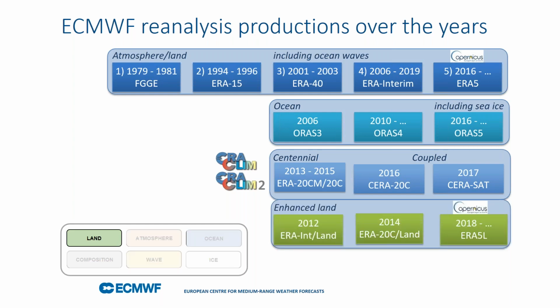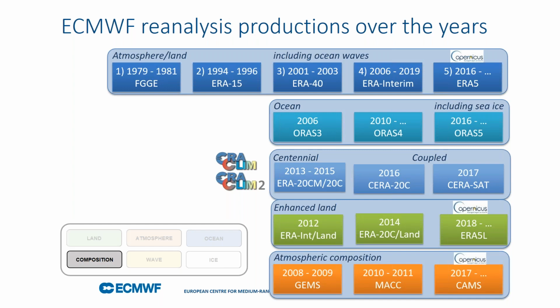Next, please. So then there, of course, are land products as well, and they're connected to the atmospheric reanalyses, and currently there is a product that is derived from ERA5, which is, again, supported by Copernicus. And next, please. And then there are the atmosphere composition reanalyses, also now supported by Copernicus.